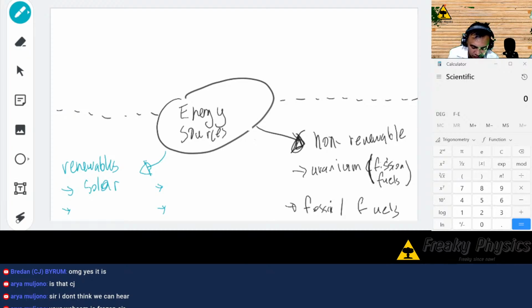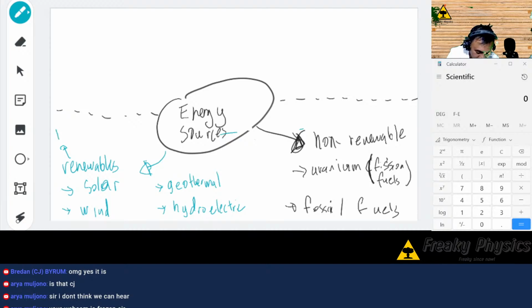So solar is one, wind would be another one, for renewable. What else? Geothermal and hydro. These are the four big ones, but we still have a few smaller ones.